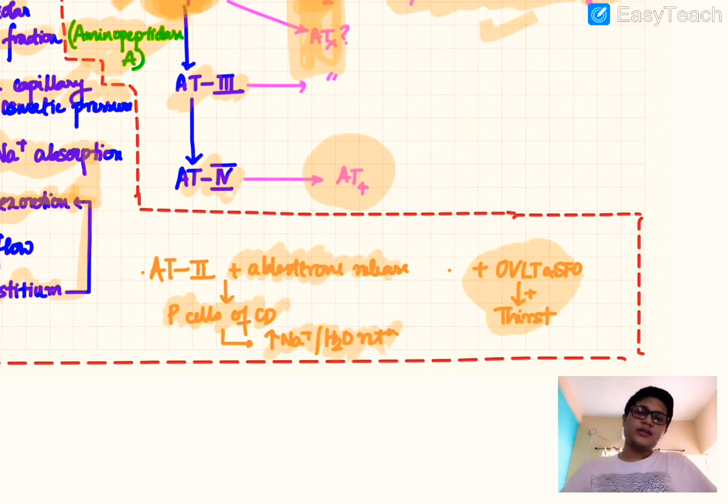These are located commonly in certain regions called OVLT, the organum vasculosum of lamina terminalis, and SFO, the subfornical organ. You will learn more about these in your CNS portion. Stimulation of osmoreceptors in these areas will cause a feeling of thirst in the person, and as a result the person will drink water and the blood pressure will slowly start to climb up.